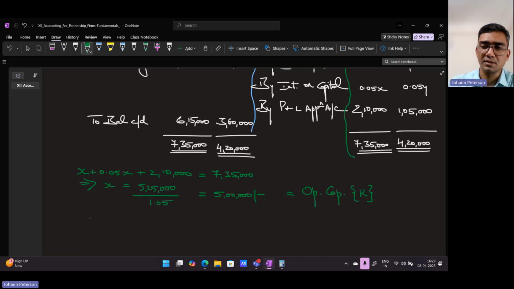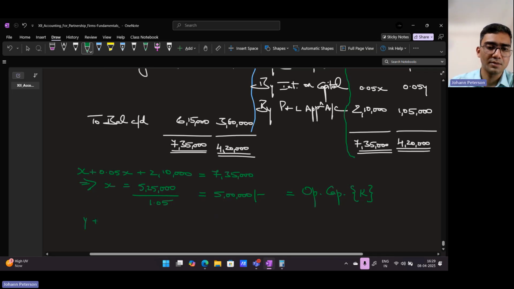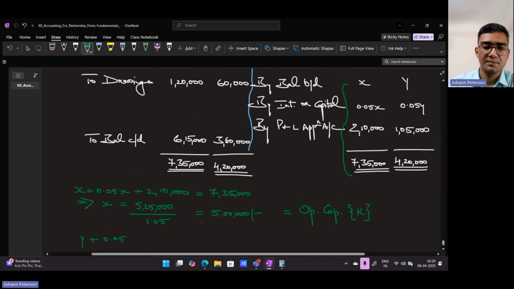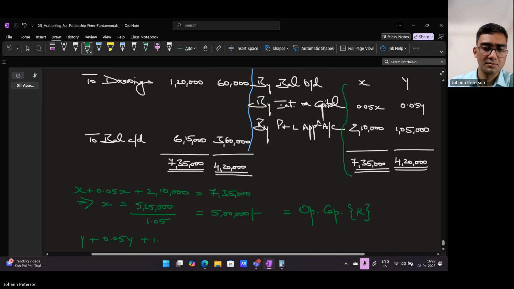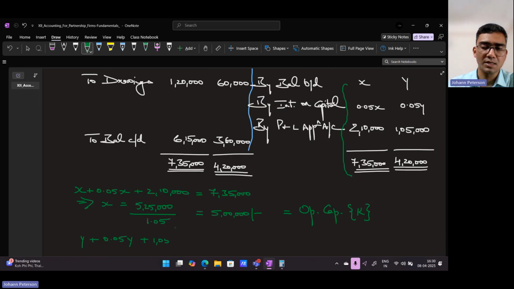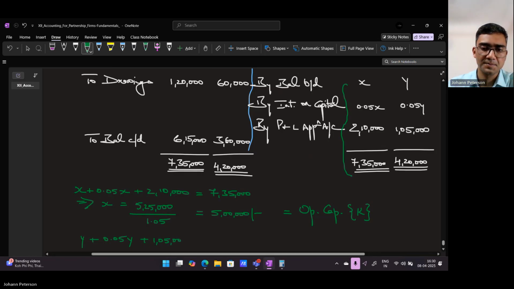And similarly, the other equation was Y plus 0.05Y plus 1 lakh 5 equals 4 lakh 20.